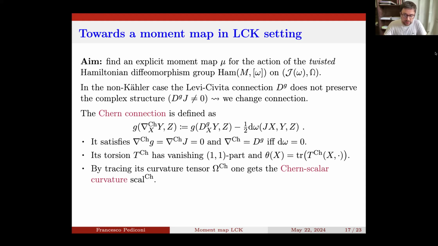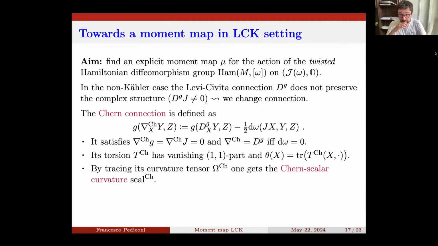And this is a bit better to study complex geometry in general, because it not only preserves g, but it also preserves J, the complex structure. And it turns out that the Chern connection corresponds to the Levi-Civita connection if and only if omega is closed. So this is like a generalization that coincides with the standard Levi-Civita connection whenever you work with Kähler manifolds.